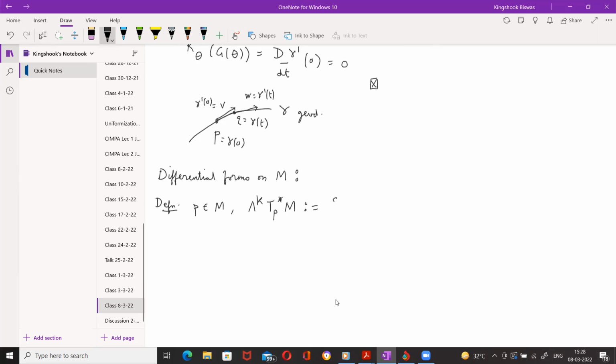So this is by definition the set of T which are multilinear maps from T_P M cross T_P M, k times, to R. So this is a k-fold product, such that T is multilinear and alternating.